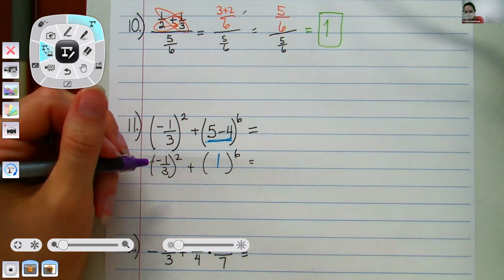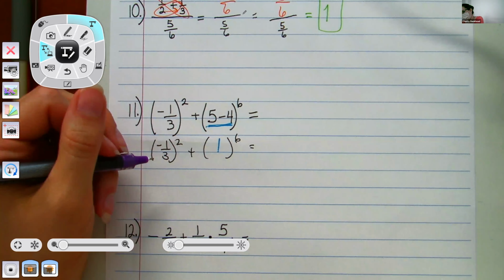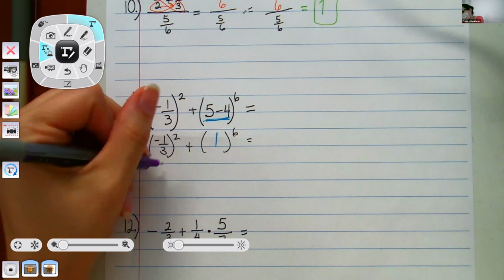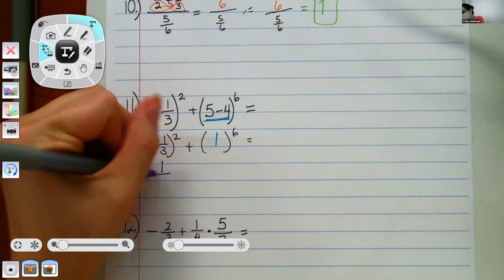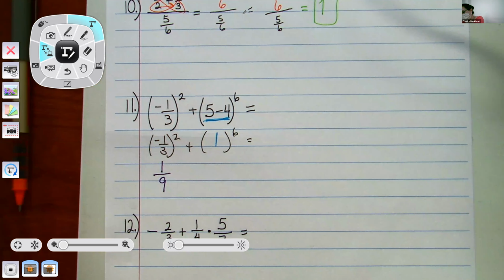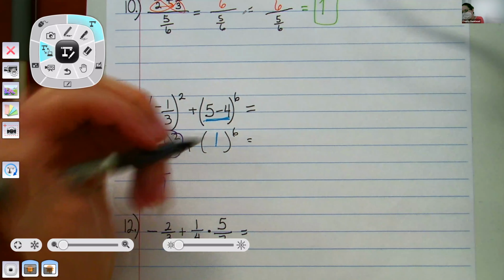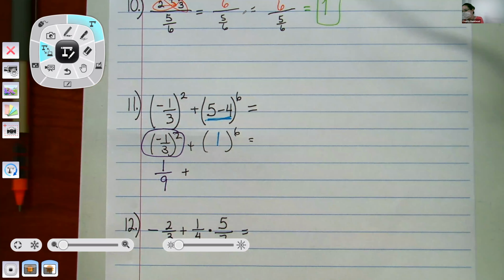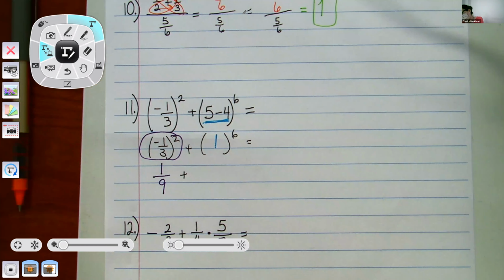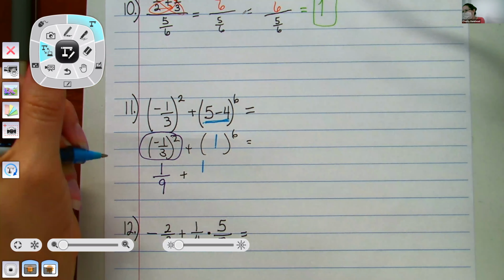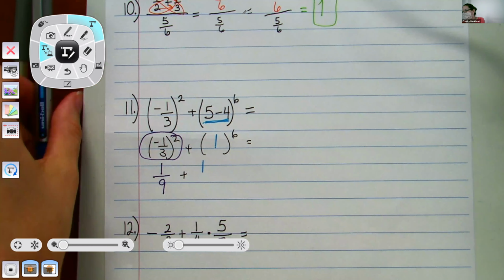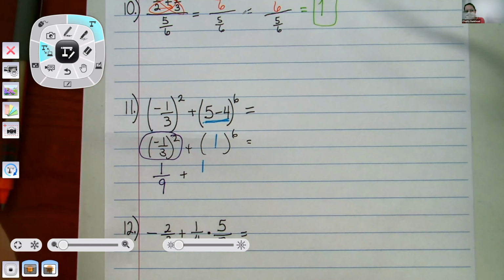So a negative times a negative is a positive, and then 1 times 1 is 1, and 3 times 3 is 9. So -1/3 squared equals 1/9. And then 1 raised to any exponent is still 1, because 1 times 1 times 1 times 1 is 1. So 1 to any exponent is 1.